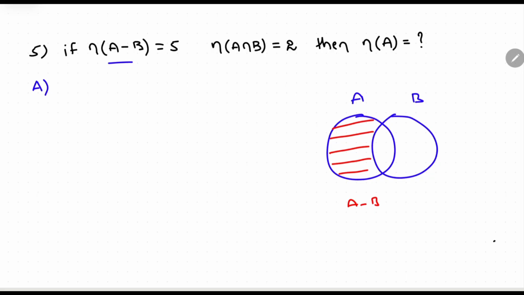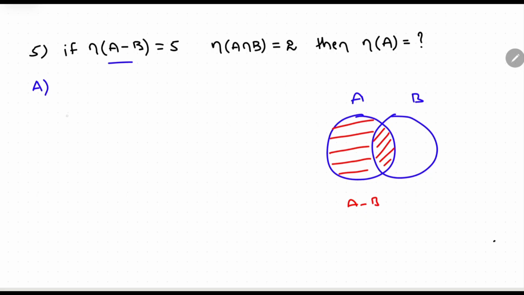Okay. Now A intersection B. It is the A intersection. So addition of these two: n of A minus B plus n of A intersection B will be number of elements of A. Okay.